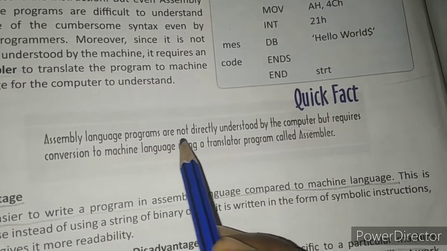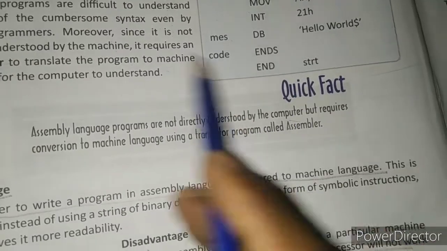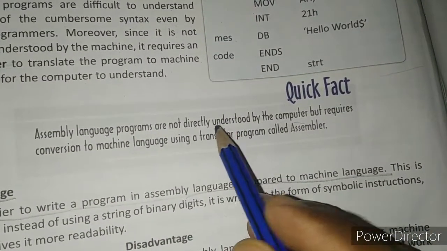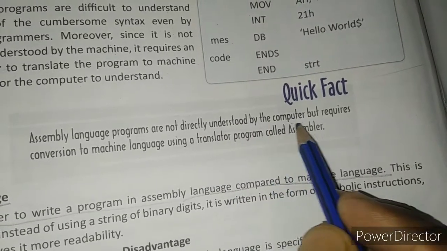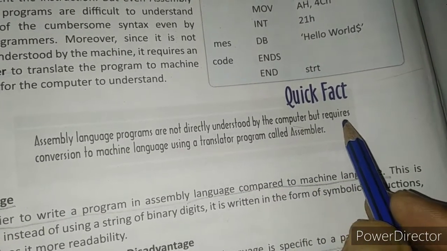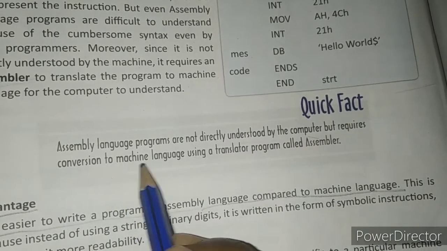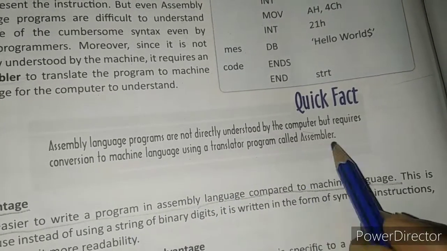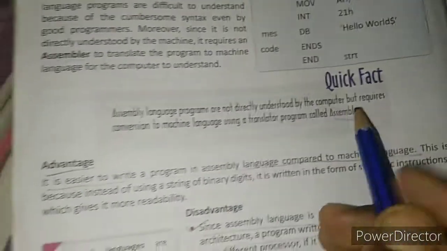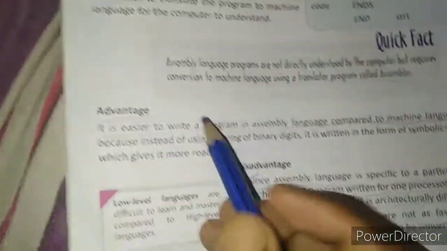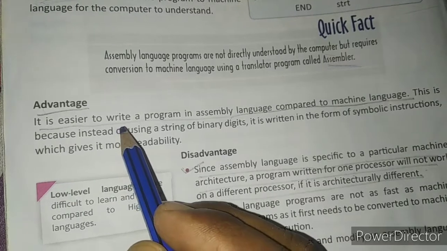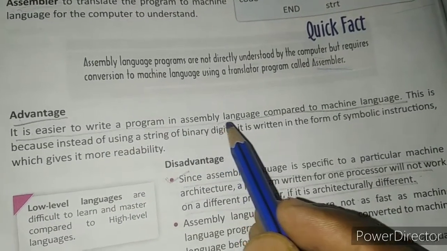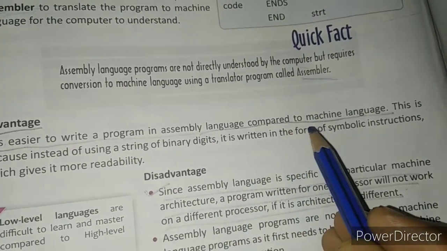So here we can say that assembly language programs are not directly understood by the computer, but require conversion to machine language using a translator program called an assembler. Clear? Now advantages. It is easier to write a program in assembly language compared to machine language.